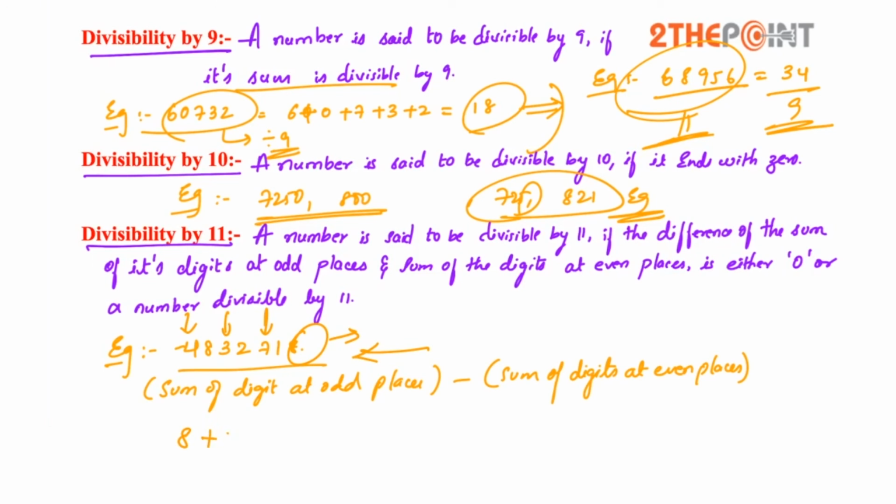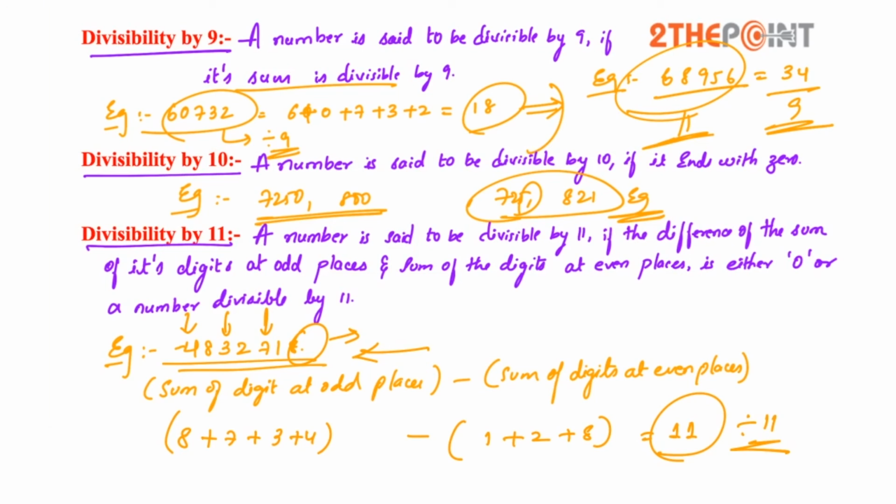So 8 plus 7 plus 3 plus 4 minus the sum of digits at even places. The even places are 1, 2 and 8, which is equal to 11. So 11 is divisible by 11. So the given number is said to be divisible by 11.